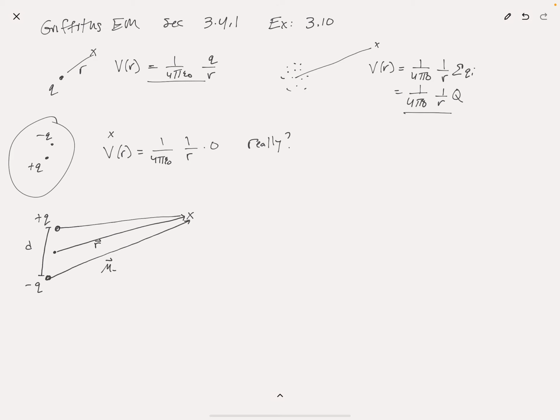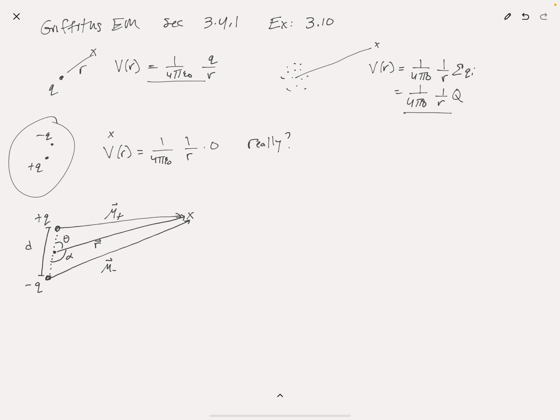And then I'll call this one from the positive charge, script r plus. And I'm also going to define a couple angles here. I'll call this theta, not correlated with the polar angle. I haven't defined what the orientation of this two charge arrangement is. And I'll call this alpha. Alpha and theta are going to be related to each other because the sum must be 180. Okay.